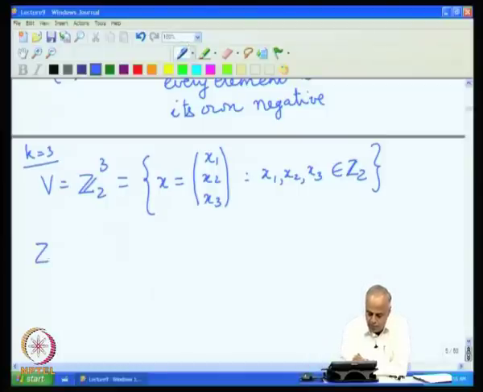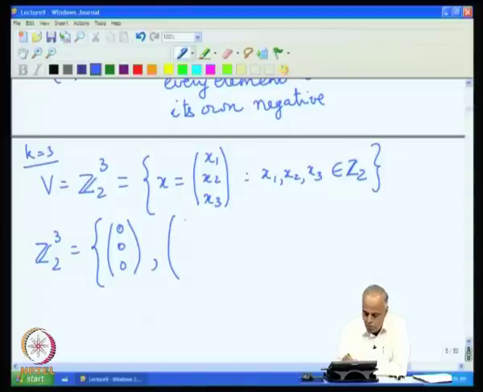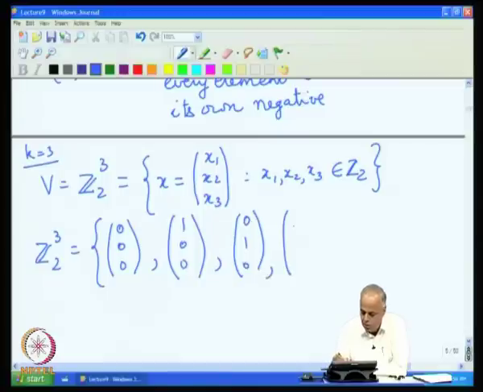So, actually Z 2 cubed consists of these following vectors: 0 0 0, 1 0 0, 0 1 0, 0 0 1. Now, this is all zeros. These three have only one 1 and the remaining two zeros. The 1 can be in the first place or in the second place or in the third place.